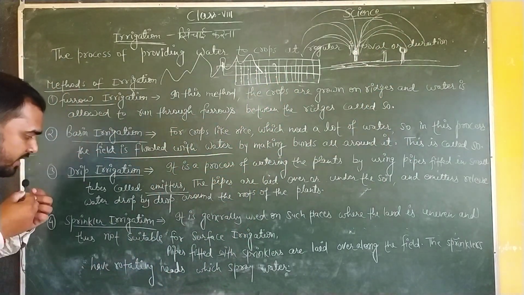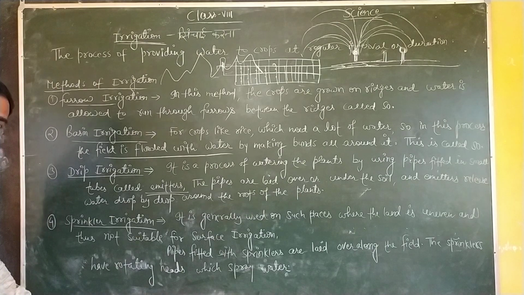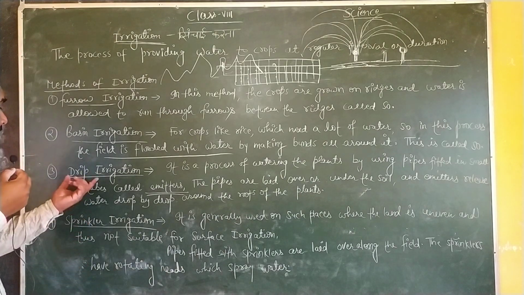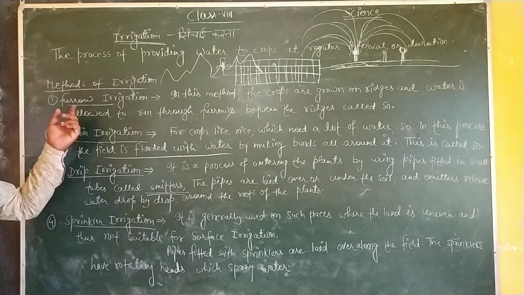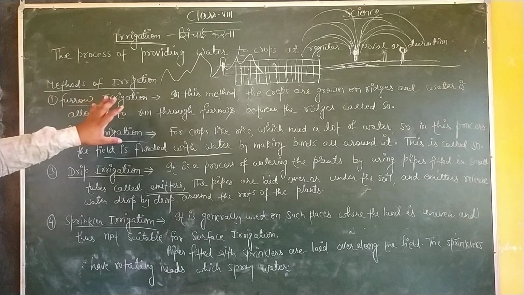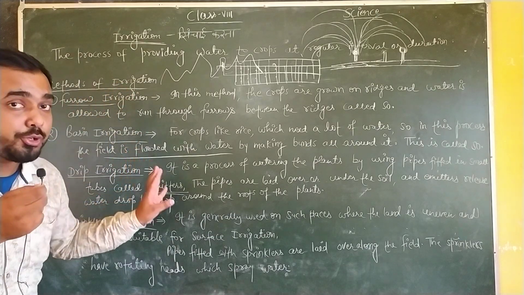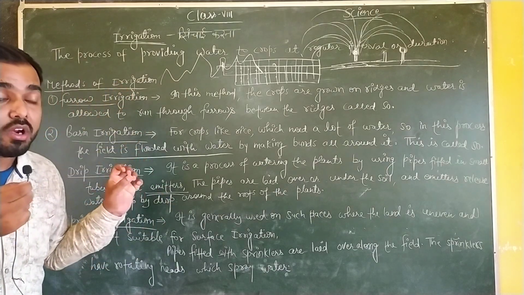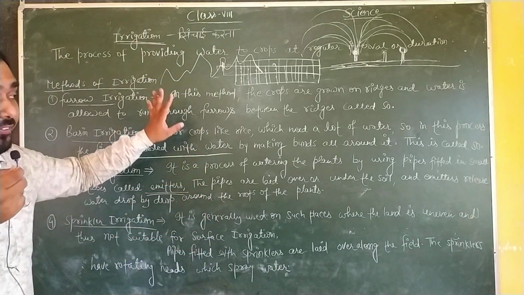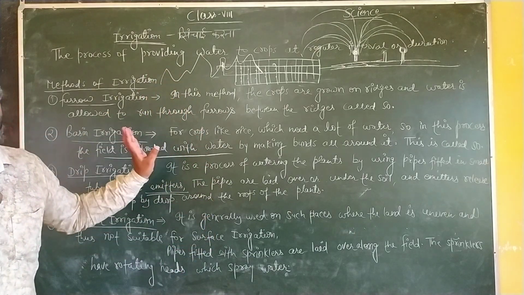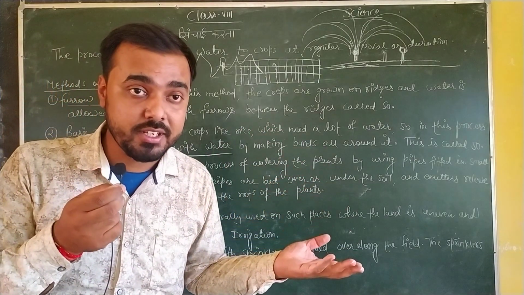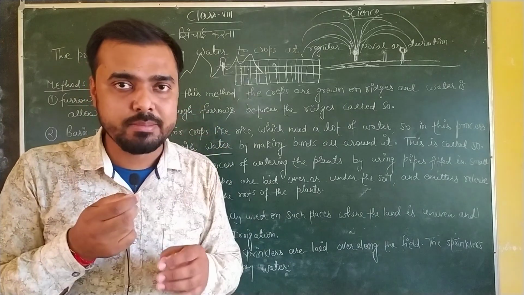In this process, all the plants get the proper amount of water, and we do not need to supply like the drip irrigation system or basin irrigation or any other irrigation system. So in this video, we have talked about how to irrigate the plants or the crops in different areas, in different situations or different demands. Demands in the sense, some plants need a huge amount of water, some plants need very little water.